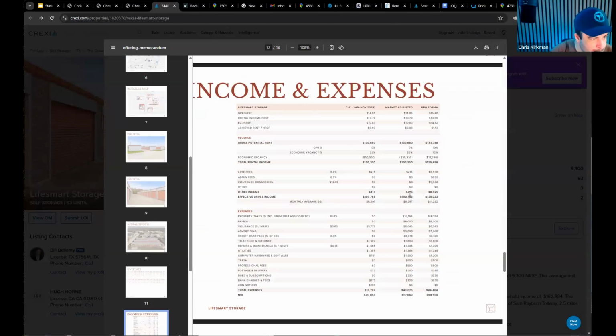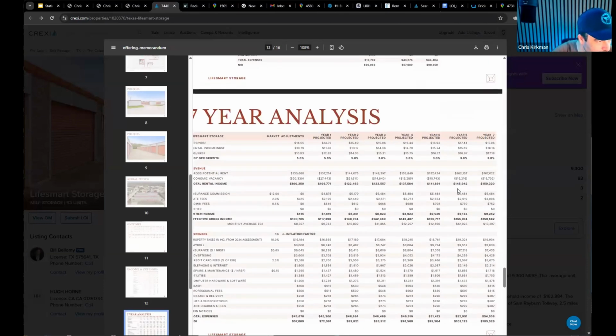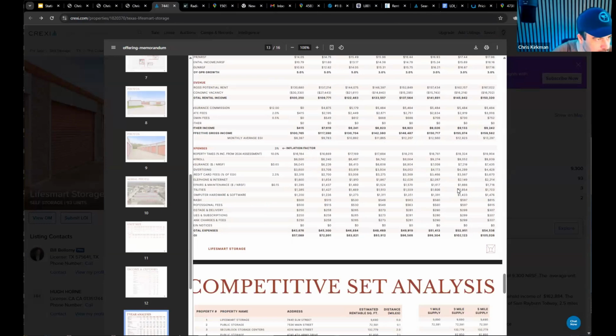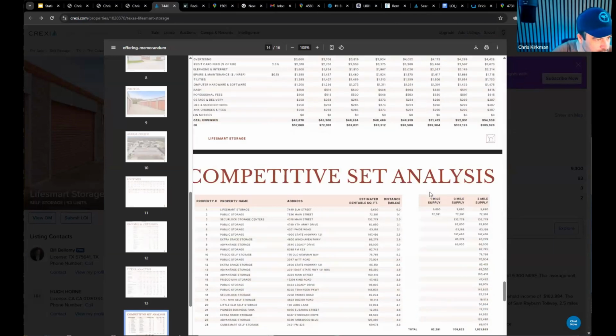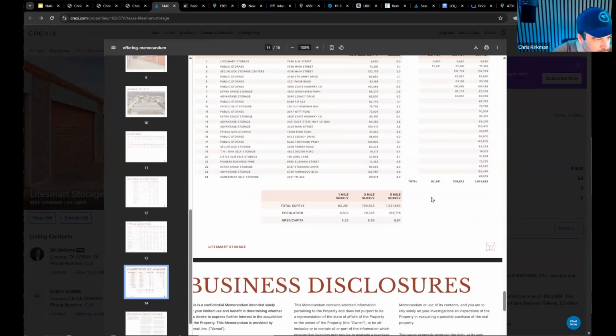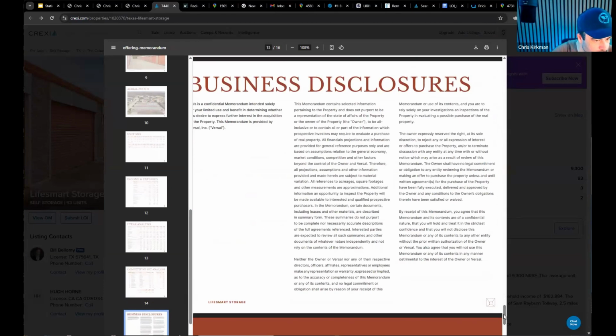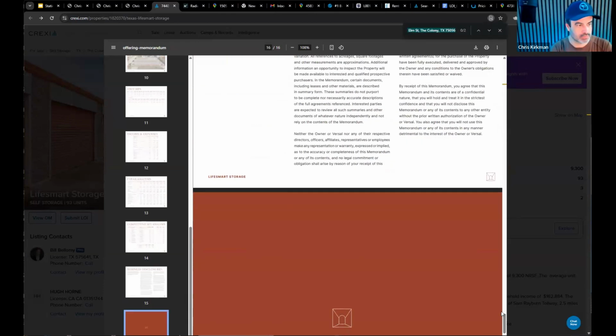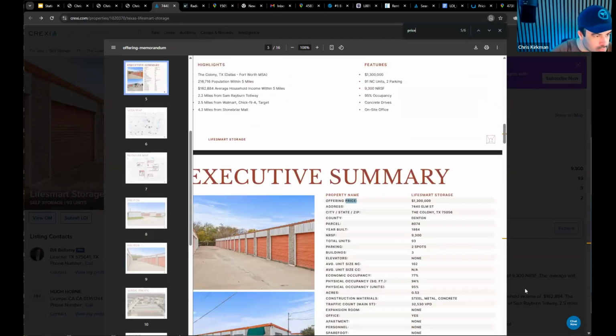Closer to here. Offering price 1.3. All right.